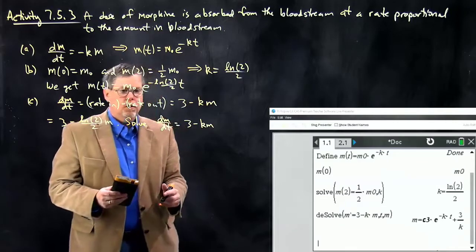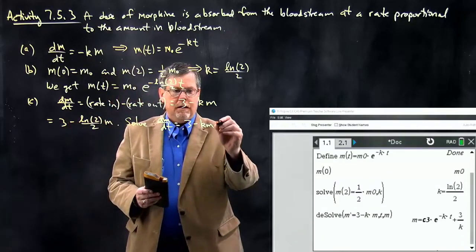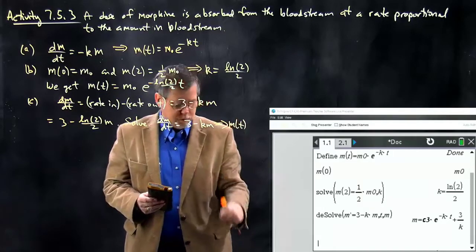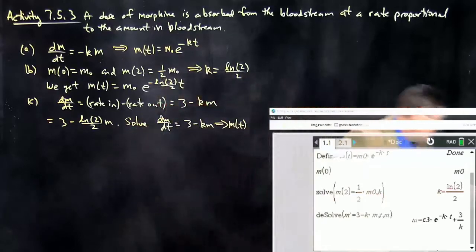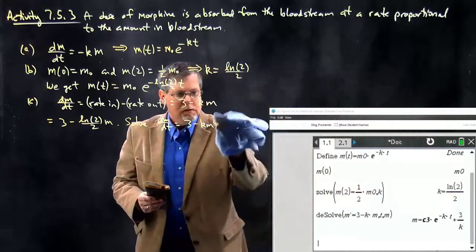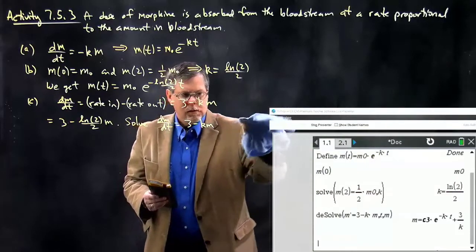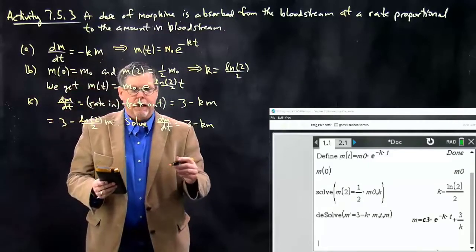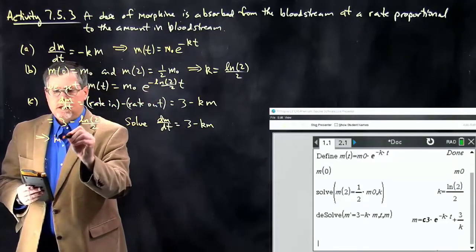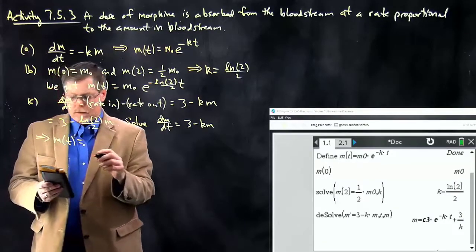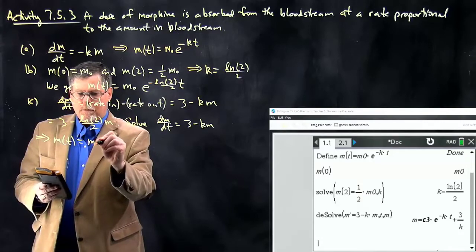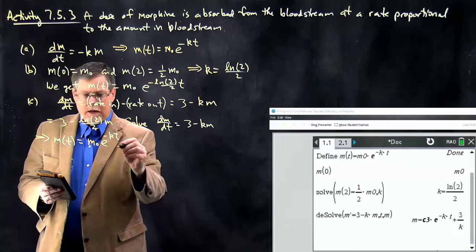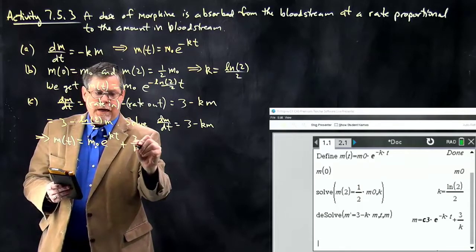Alrighty, and here we go. So we end up getting the same thing, that M of T. Oops, I'm running out of space there. Let me grab my eraser. All right, so we got M of T is equal to, again, my M sub 0, e to the minus kt, plus 3 over k.